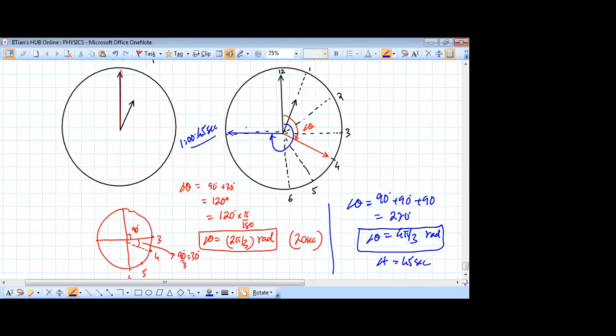You can also think of it like 3/4 of a circle. So it is 3 pi by 2 radians for a time of 45 seconds.